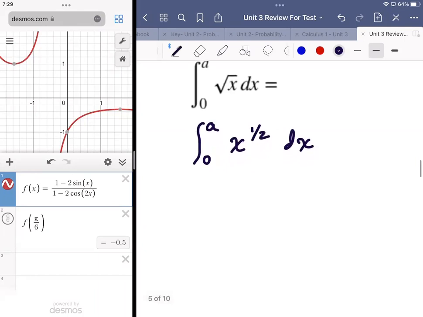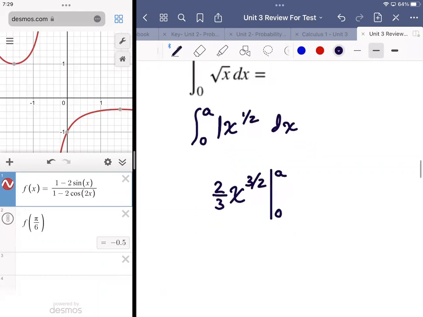Increase the exponent by 1, x to the 3/2. Divide that understood coefficient by the new exponent. 1 divided by 3/2 is 2/3. Now that's over the interval of 0 to a. You could write x equals 0, x equals a if you want, but like I said, we streamline that. You don't really have to do that.